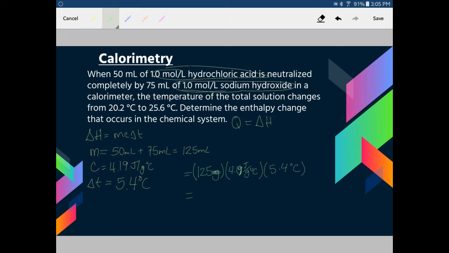When I go to plug that in and convert my units to kilojoules, I get 2.83 kilojoules. Again, because I'm looking at an enthalpy change, I see that my temperature change again increases. This tells me that this is an exothermic reaction, which means that my value is going to be negative 2.83 kilojoules of energy that was released from this system.